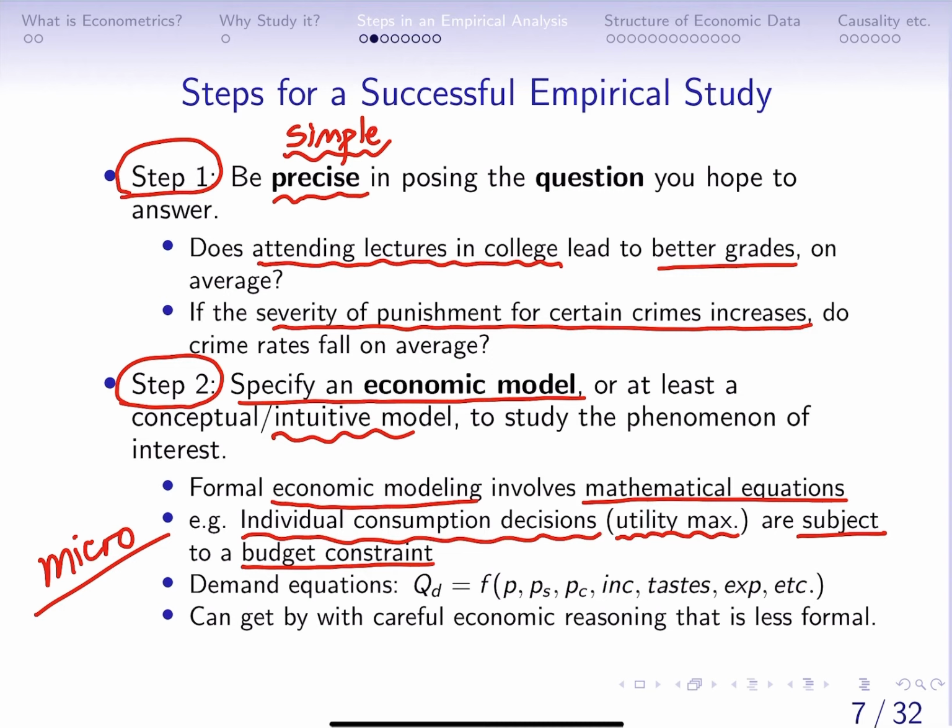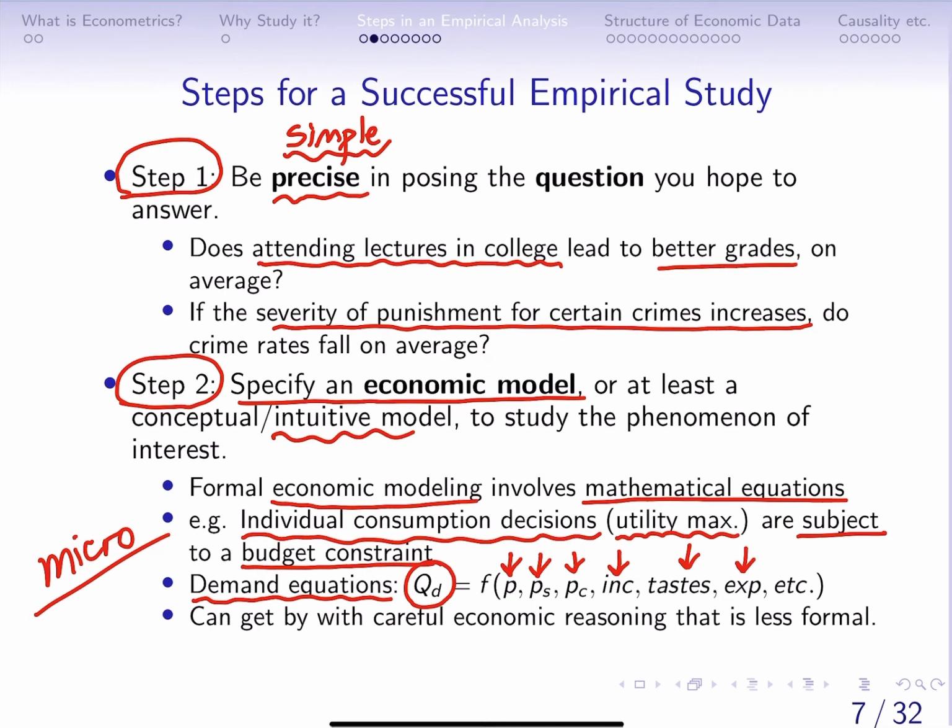And that type of formulation really leads you to come up with some sort of demand equations, which basically says that the quantity demanded for any good or service depends on its price. It depends on the price of the substitutes or complements. It depends on your income. It depends on your tastes or preferences, and maybe it depends on the expectations that you have of the future.